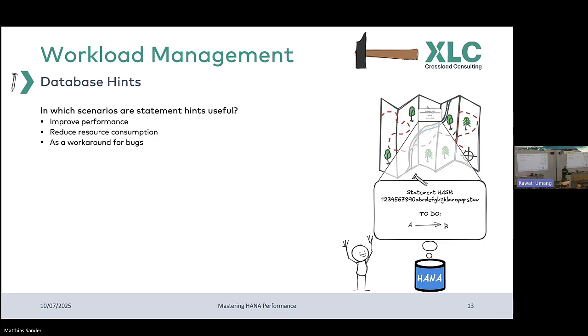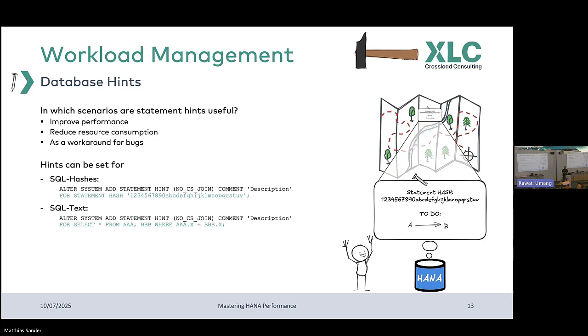That can already help to solve the issue, so that the statement is executed in an acceptable way and the users are happy again. The hints themselves can be set on the hash side, so for a defined hash, or also on the SQL level.